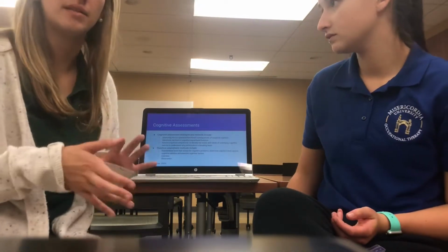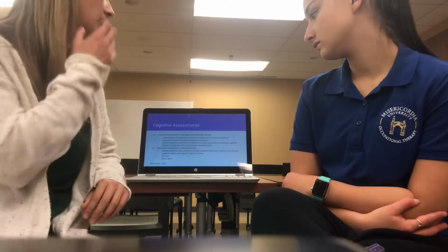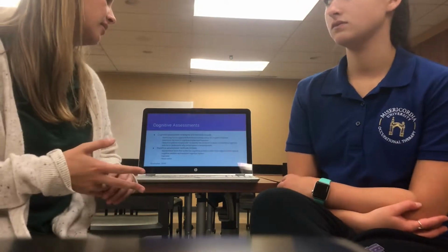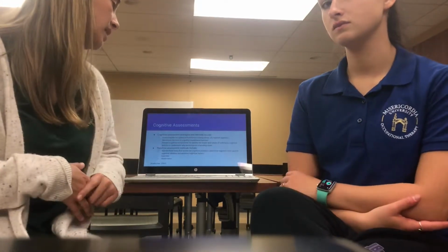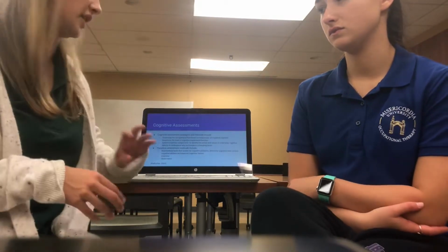Some assessment types include standardized tests that screen for cognitive problems, determine cognitive level, assess cognitive abilities, and examine cognitive factors. Then you can also use interview and observation as well.